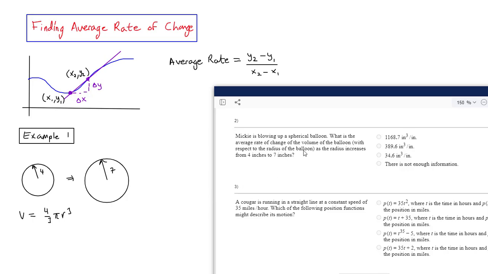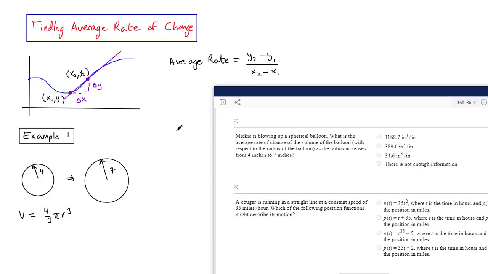Now, the problem says we want the average rate of change of the volume of the balloon with respect to the radius, which means that r is going to play the role of our x value, as we showed in the example up here.